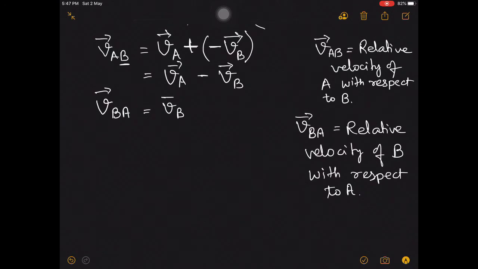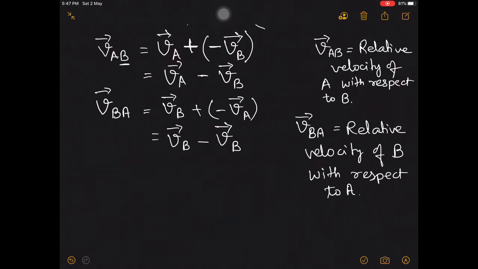You will simply now add the negative of VA, meaning you are subtracting vector VA from vector VB. So this is how we do the calculation.